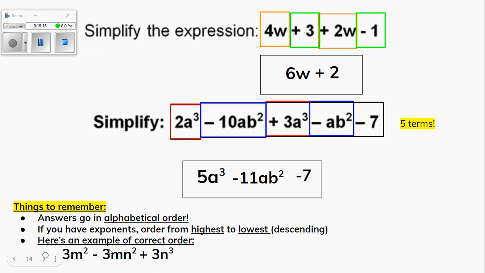M squared, MN, and then anything with the letter N comes at the end here. And even though this exponent is higher than these other 2, I want to point out that the alphabetical order is what's always going to win over the exponential order.